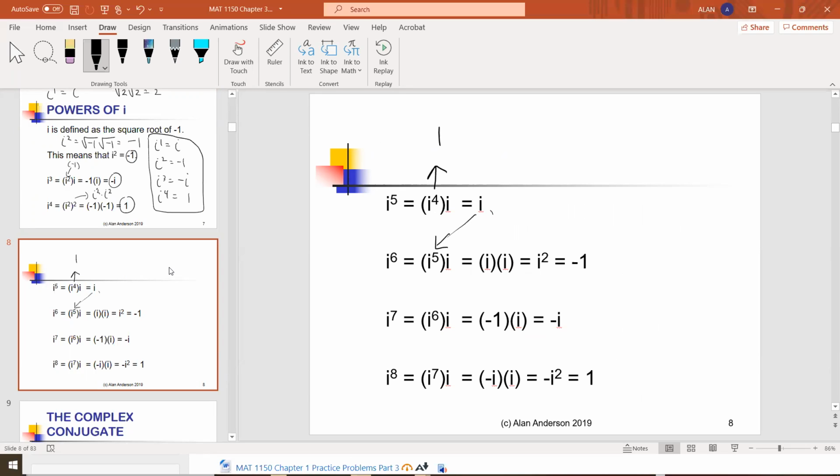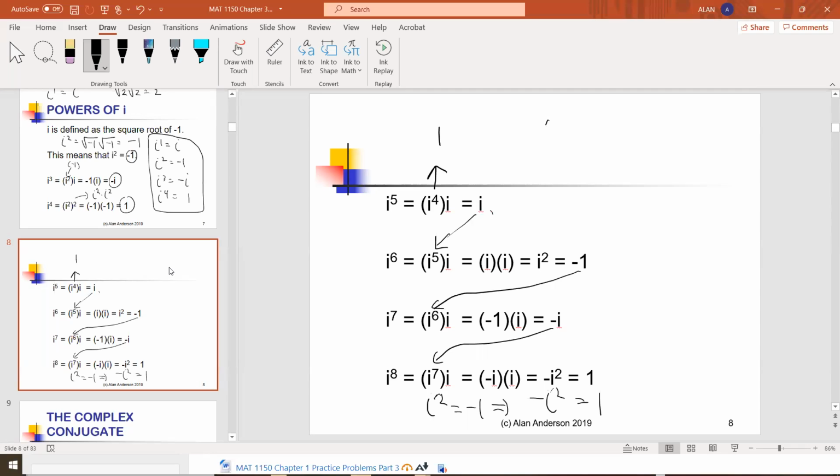So I've actually got i times i, or i squared, which is -1. Now, i to the seventh is i to the sixth times i, which is -1 times i, or -i. And then finally, i to the eighth is i to the seventh times i, -i times i, -i squared, or just 1. Because i squared is -1, that implies that -i squared must be +1.